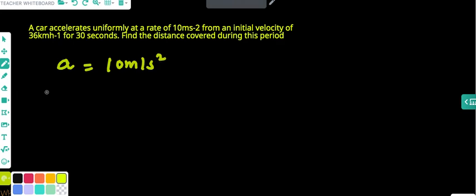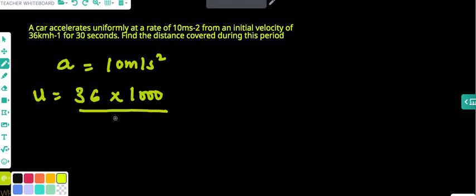Initial velocity, so your u equals 36. Since it is given in kilometers per hour, you have to convert it to meters per second. So it's 36 multiplied by 1000 divided by 60, then divided by 60 again.